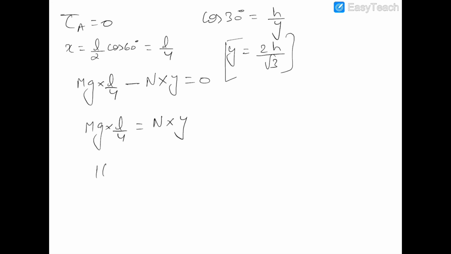So mg is 16, L by 4, and n we have already calculated is 32 by 3, and y is 2h by root 3. So you can see that this is 4 and this is 8. So L by h is equal to 16 by 3 root 3.